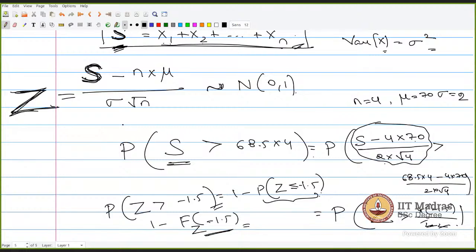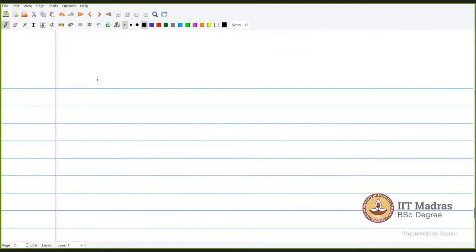That has been considered as this Z. X bar minus mu is standard, 0, 1. Correct, x bar minus 70. And that is what is provided as a solution.